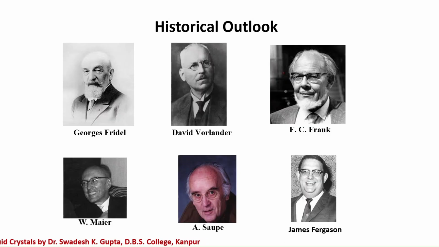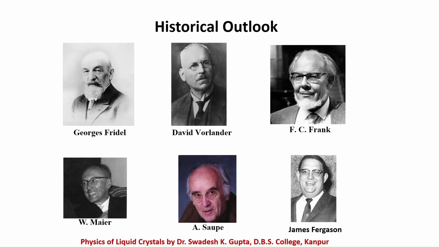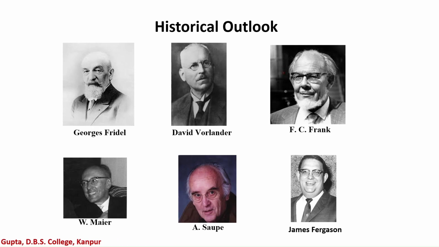In the 1960s and 1970s, Frederick Charles Frank, which is F.C. Frank here, and Wilhelm Maier with Alfred Saupe, W. Maier here and Alfred Saupe, came up with theories that predicted the behavior of these phases, so that the realistic characteristics of the individual molecules could be understood.